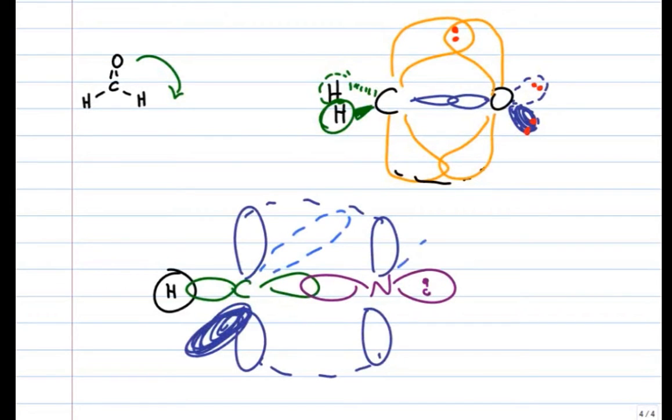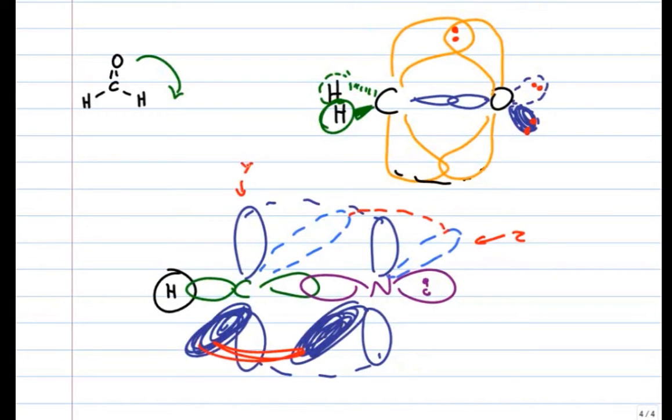That's going back, and this part's coming forward. So that right there is going to overlap in the back. This is going to overlap in the front, and that right there, as we said, is in the z-plane. This here is in the y-plane, and these are your two pi bonds. So we'll call it pi y and pi z.